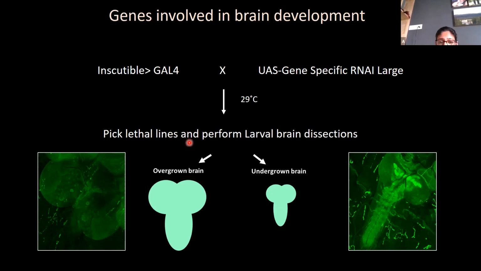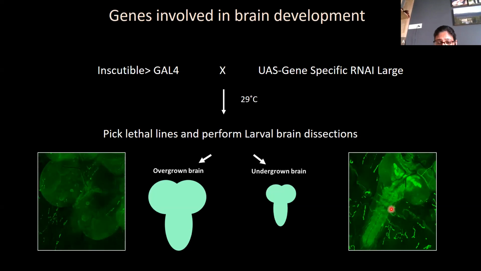Now I'll take vial number 2, take the larvae, dissect their brains and see what happens. Oh, I forgot to put the normal brain size. So there is a normal brain; in control, I'll see a normal brain. But if these larvae are dying, there can be two possibilities.